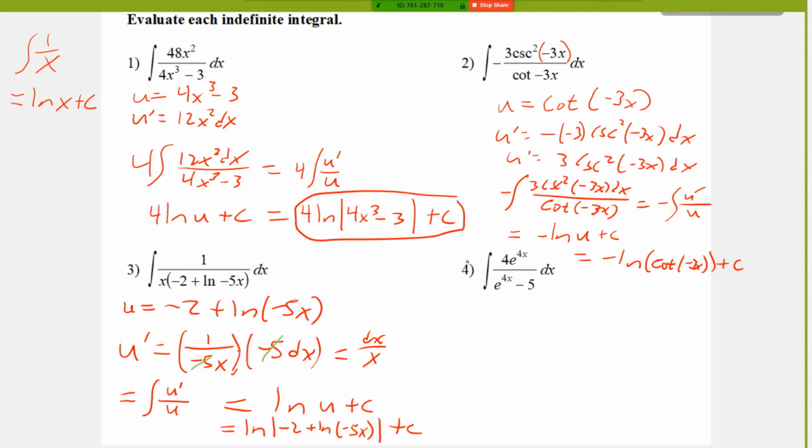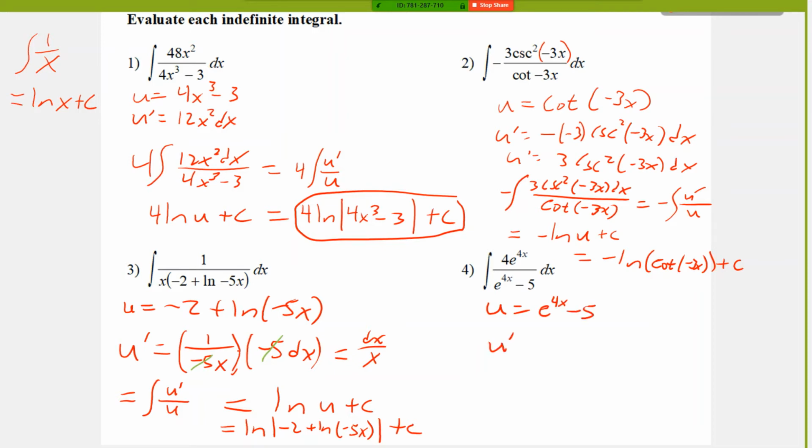So for number 4, what should my u be? E to the power of 4x minus 5.